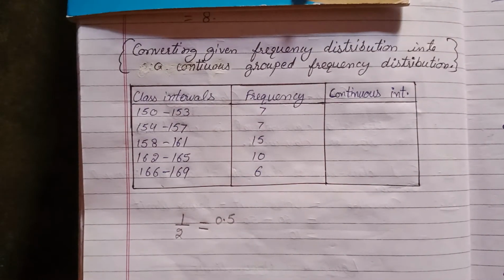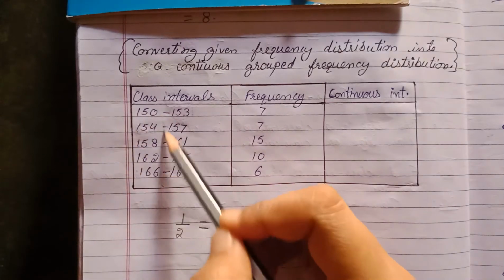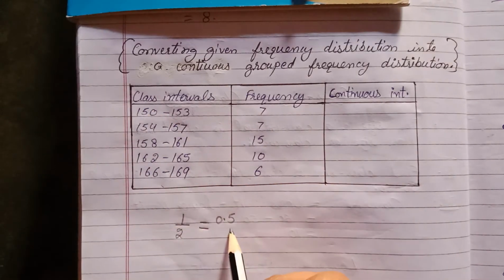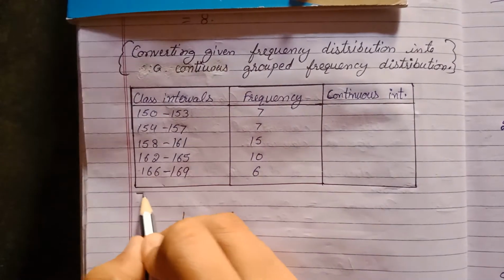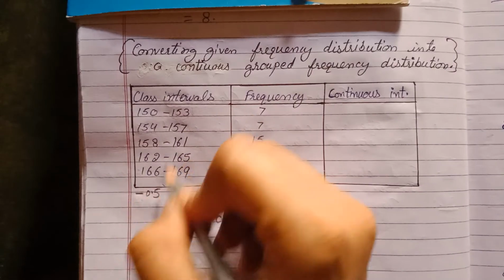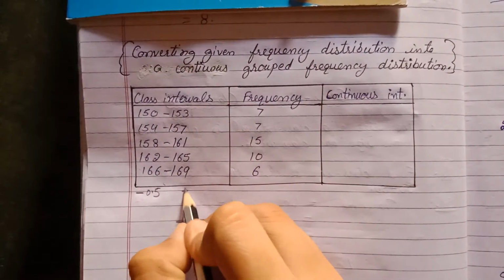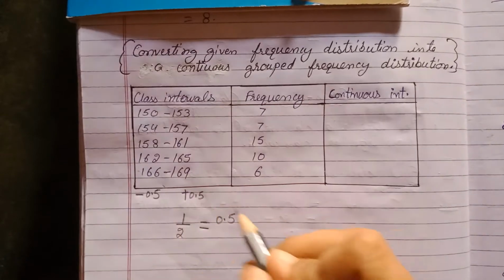So now in all the lower limits, we will subtract this 0.5, and in all the upper limits, we will add this 0.5.